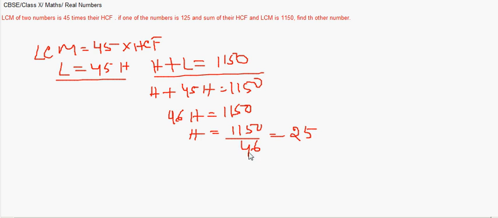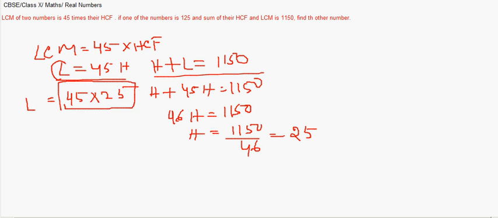Now I replace this H here in L. So L is 45 into 25. I'll just let it be here as 45 and 25. Don't simplify it right now because we have to actually find the other number.